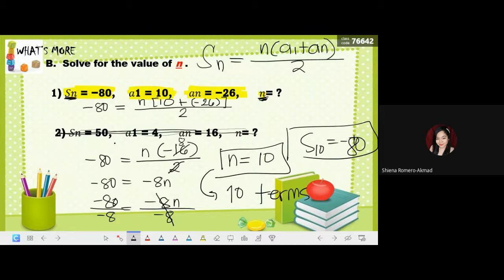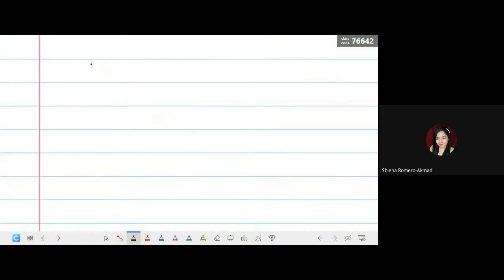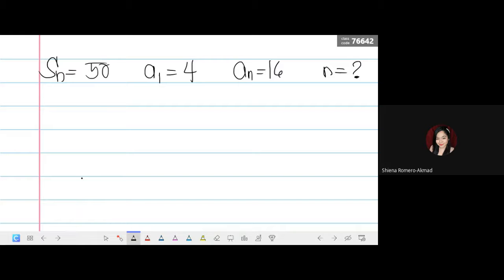Okay, next problem. So our S sub n is 50, our first term is 4, and our A sub n is 16. So we are going to look for the n. Paano natin gagawin?